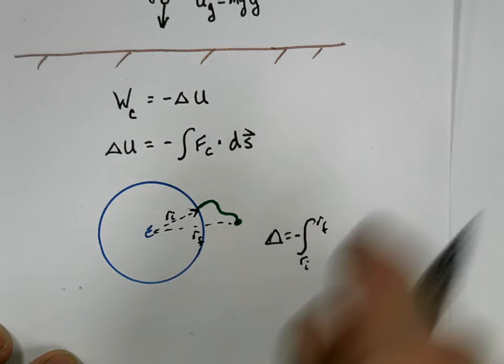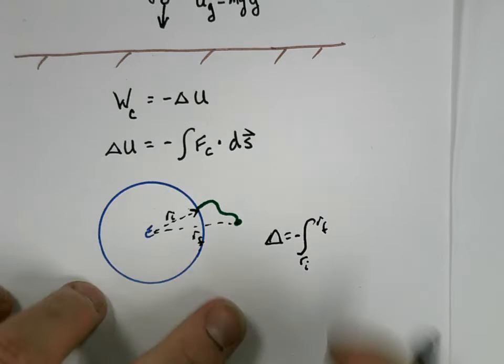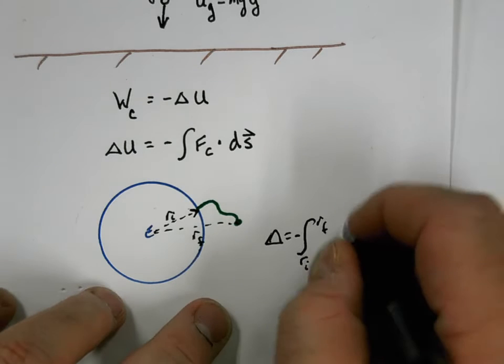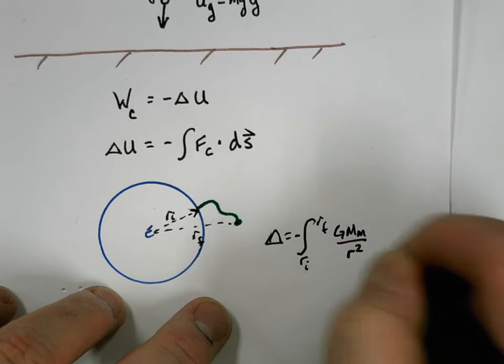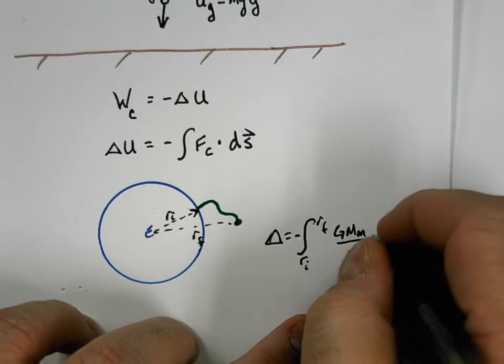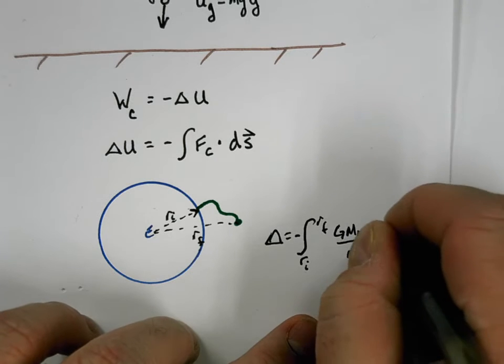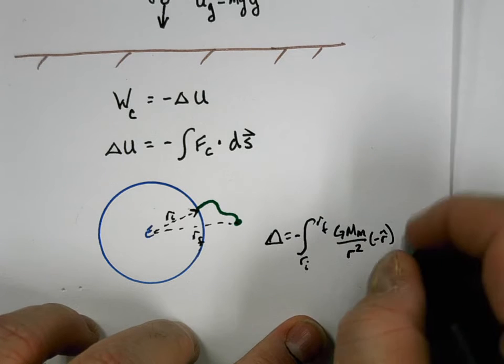That should be a negative out here. Okay, and what is the force that's acting? Well, the conservative force is gravity, so that's going to be G big M little m over r squared, in the negative r hat direction.